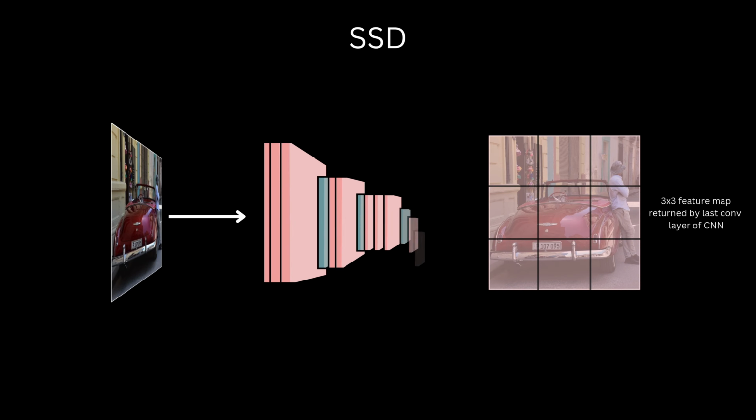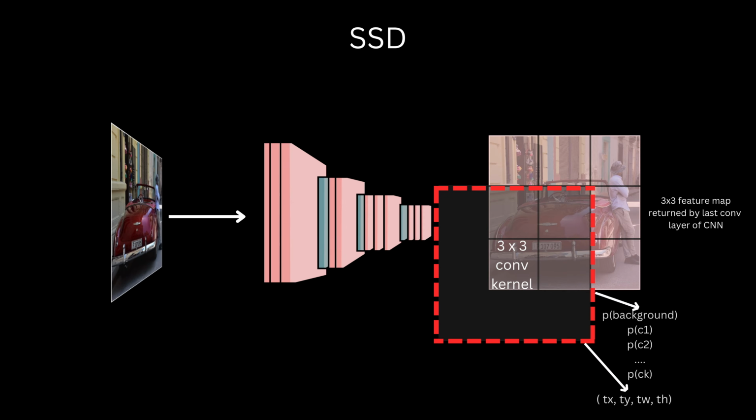SSD pretty much does the same, except for two differences. First one is that rather than just predicting the probability that the reference or default box contains an object or not, we directly predict the probability score for all categories present in our dataset, including background.